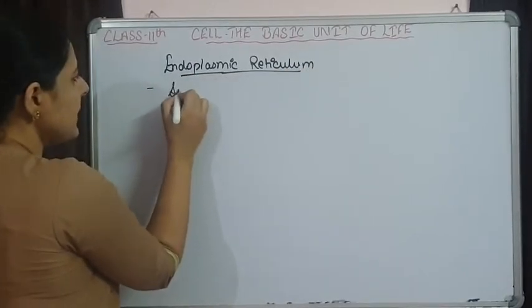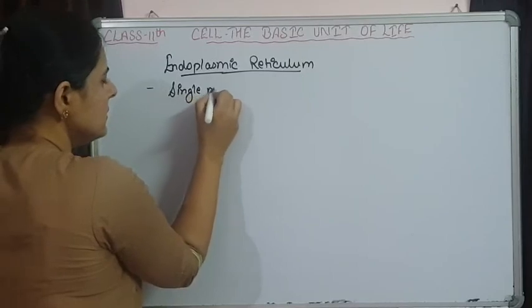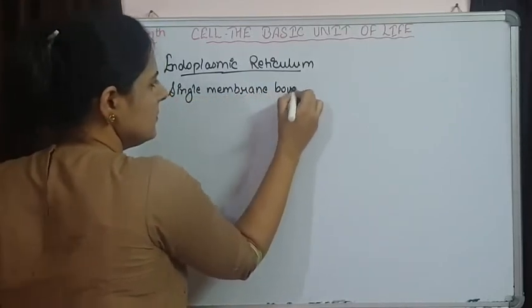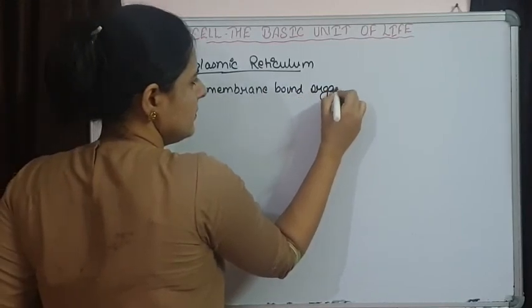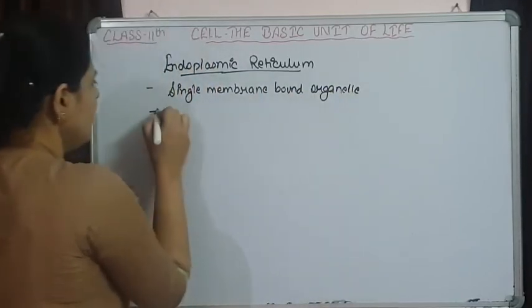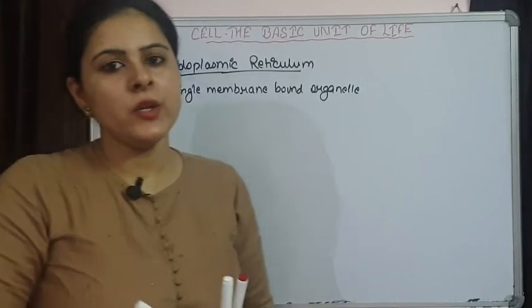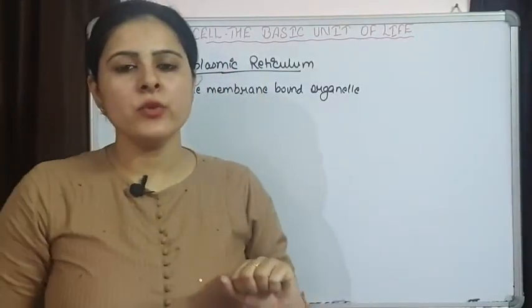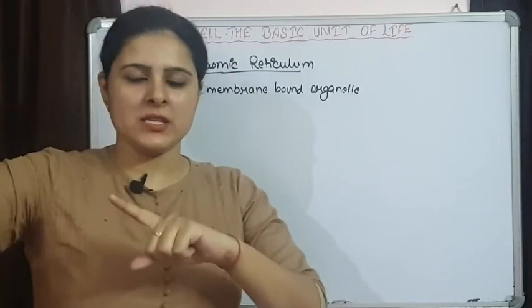A single membrane bound organelle, the three-dimensional and complex structure. Now this endoplasmic reticulum is going to be found associated with the plasma membrane.